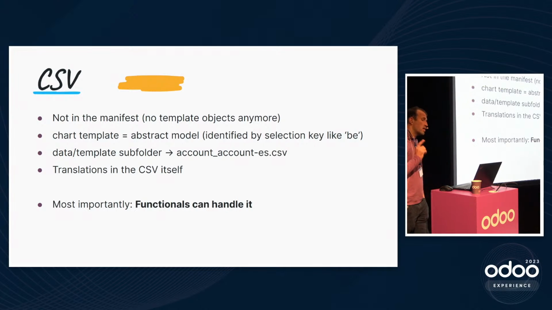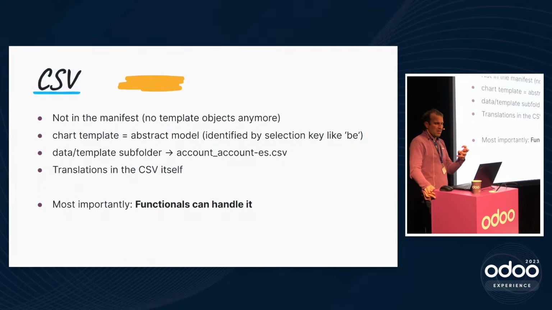An extra thing about those CSVs is that one struggle we have with localizations is everything that is translations. The translations for localizations are not in Transifex, and one good solution that we have now for that is that you can say in the CSV name@es, for example, and that way you can put an extra column with the Spanish translation.